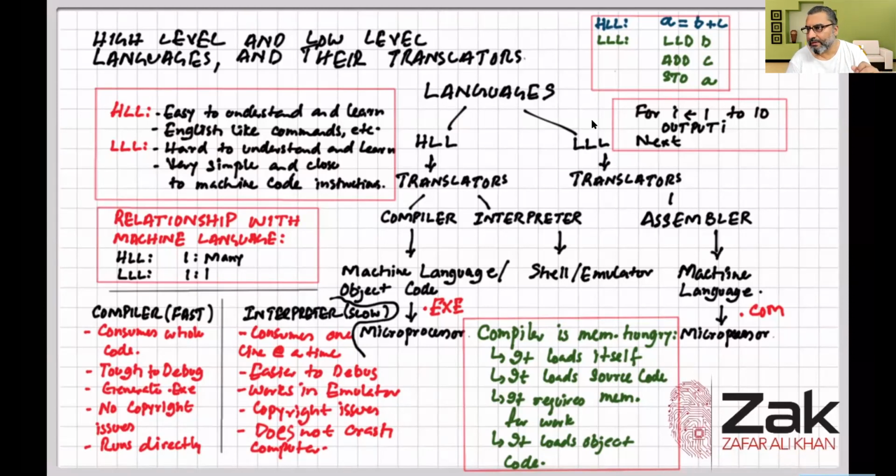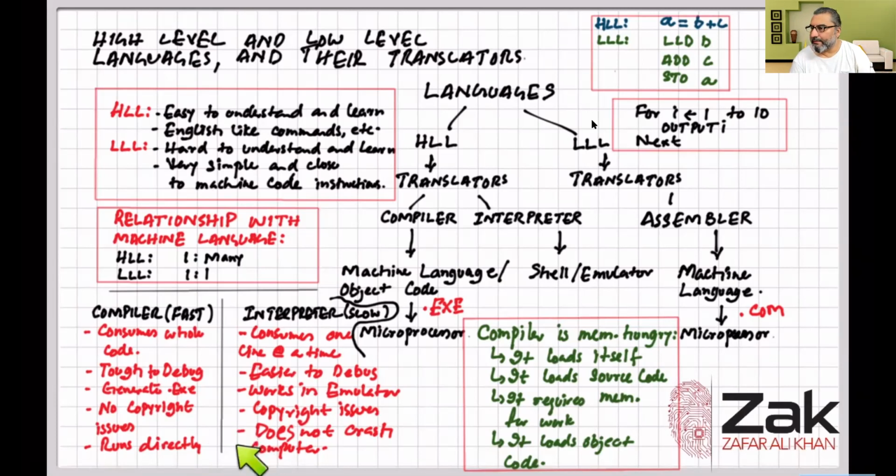So there are no copyright issues for compilers, whereas there might be for interpreters. Runs directly over the microprocessor. Since it runs directly over the microprocessor, it might crash the system because it can hang the microprocessor.